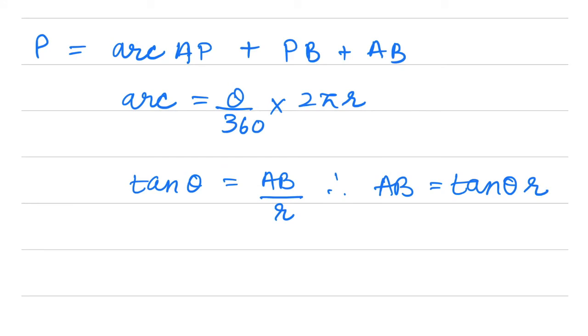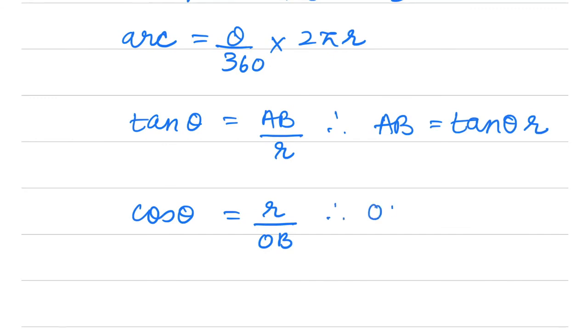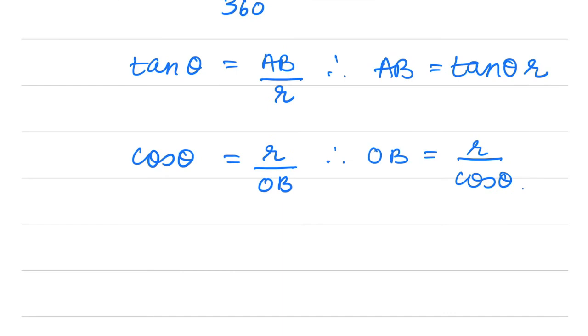And then we have cos theta is equal to r by OB, therefore OB is equal to r by cos theta. Now let's substitute in first.